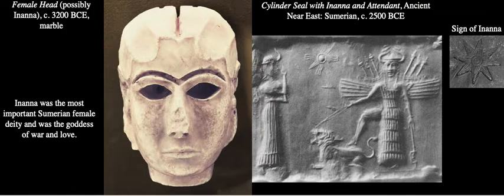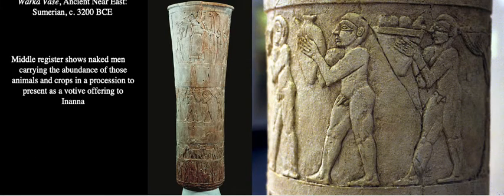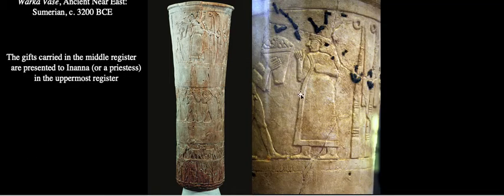Inanna was a female deity who was the goddess of both love and war. She shows up in all kinds of different settings. I mean, here's a head statue of her. Here she is sort of standing wearing a fancy crown. You'll see in a second. Here, nope, there is Inanna again. So the Sumerians have many gods.